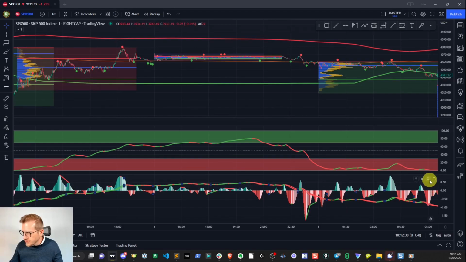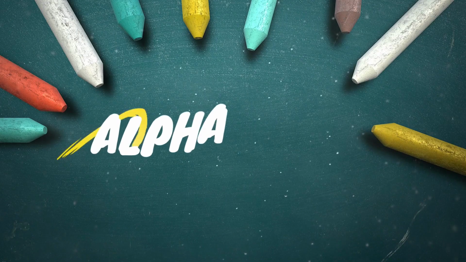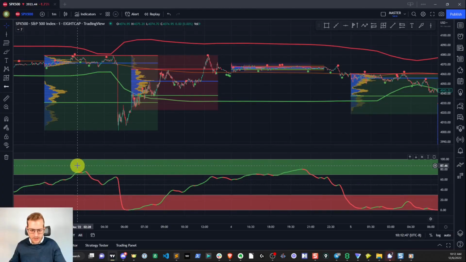The next tool that we're going to talk about is called the Prime tool. This is called Alpha Prime. Alpha Prime is really great. It is our cycle indicator that we use. And that's one of the key core tenets here: we use volume profiling, and we also use cycle theory. And cycle theory is all about getting into a position when you're at the highest chance of being at the right time in the cycle, which is very different than trying to think that you can read every bar and every movement in the market, because that is baloney.